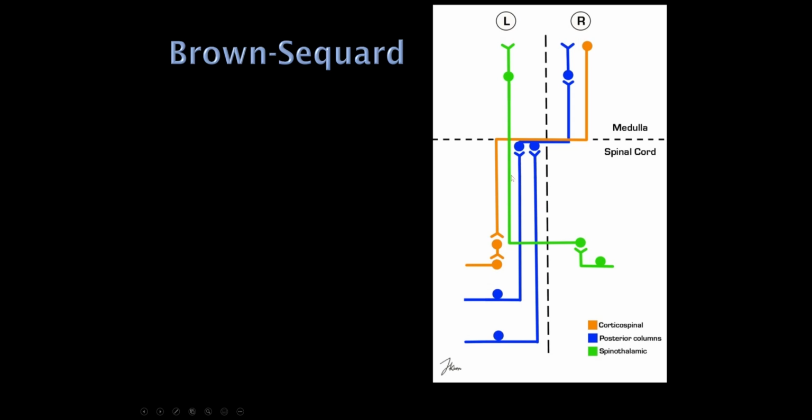So if we have a lesion right here, we're going to lose all pain and temperature on the opposite side of the body below the level of the lesion. So that is the crossed finding that we see with spinal cord lesions. And if you see that, the lesion can only be in the spinal cord.